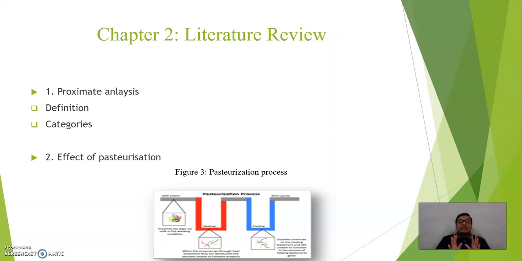It has about 8 categories: moisture content, protein, fat, available carbohydrate, total ash, total dietary fiber, total sugar, and energy. I do not focus on all of them, but only on some categories of the proximate analysis.